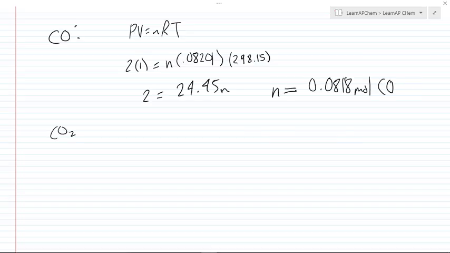Now for our carbon dioxide, again, we need to find the amount of moles. Okay, so again, just plugging everything in. This is just 1 equals nRT.